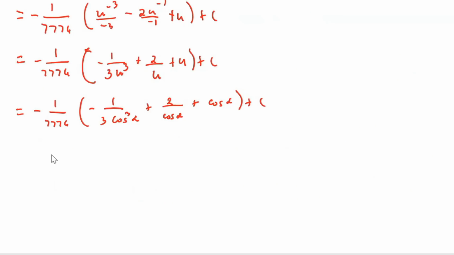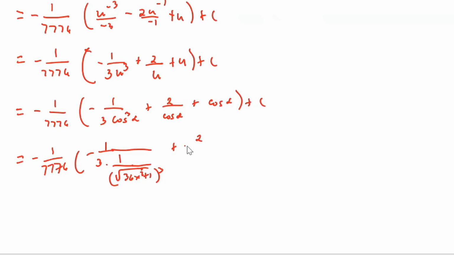So I will write here equals the negative 1 over 7,776 times the negative of 1 over 3 times 1 over the square root of 36x squared plus 1, and then this is raised to the power of 3, plus 2 over the square root of 36x squared plus 1 plus the square root of 36x squared plus 1 plus a constant.